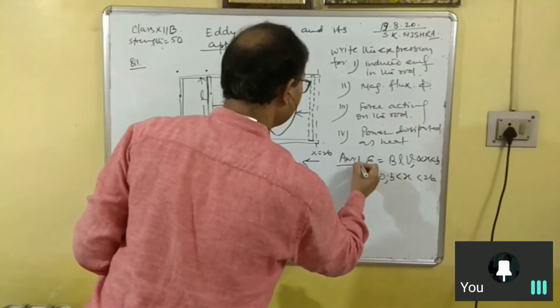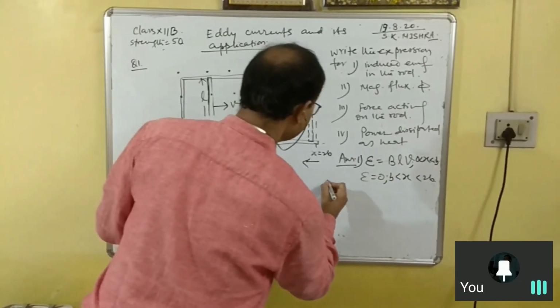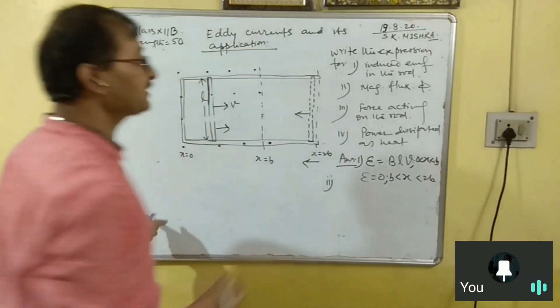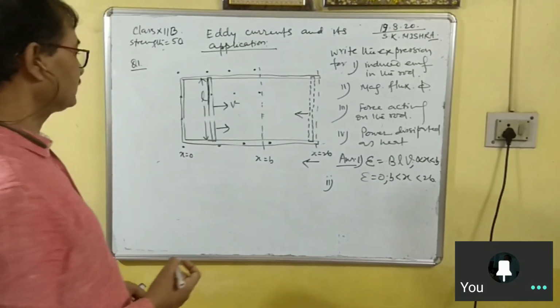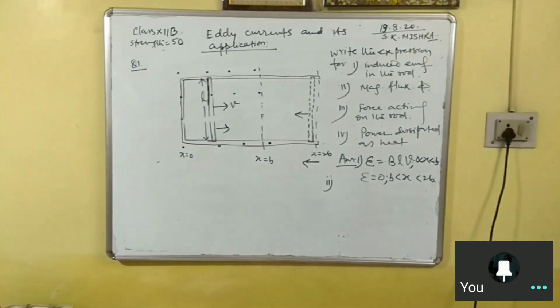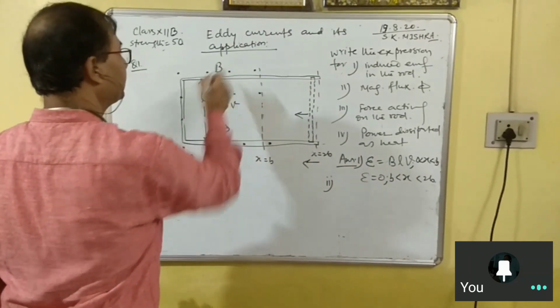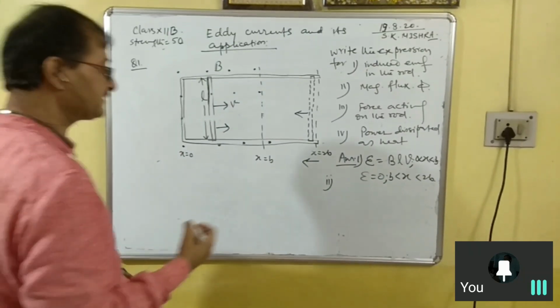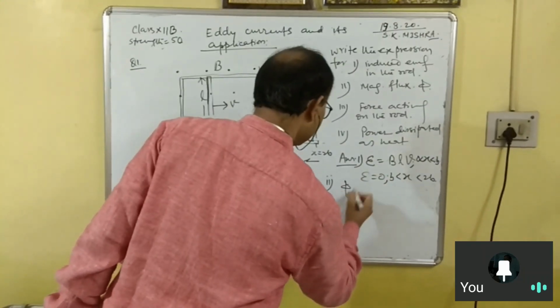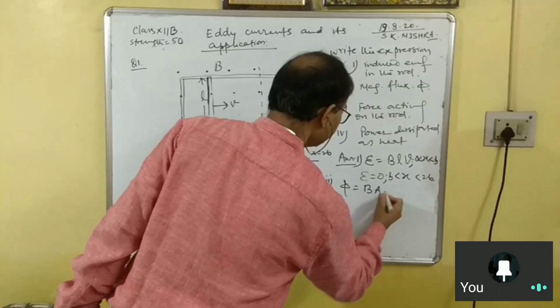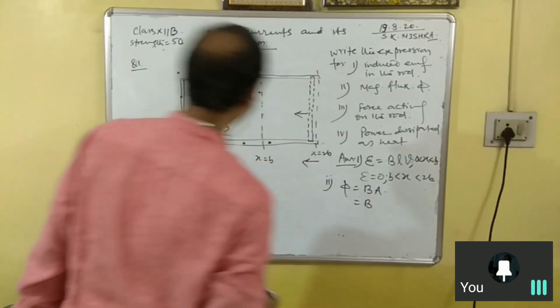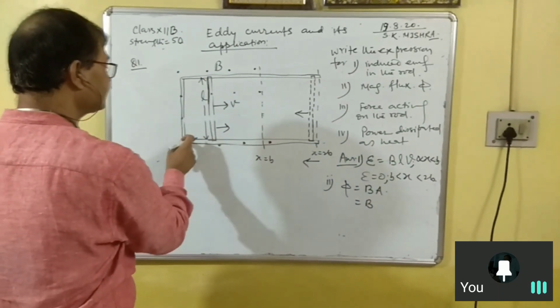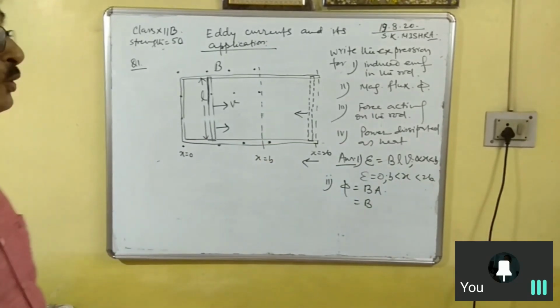Now think about the second part. In the second part, what is the magnetic flux? Who can tell me the flux? The magnetic field strength is B only. That's why we have taken B. So flux phi is equal to B into A. And A is L into this b, so L into b.